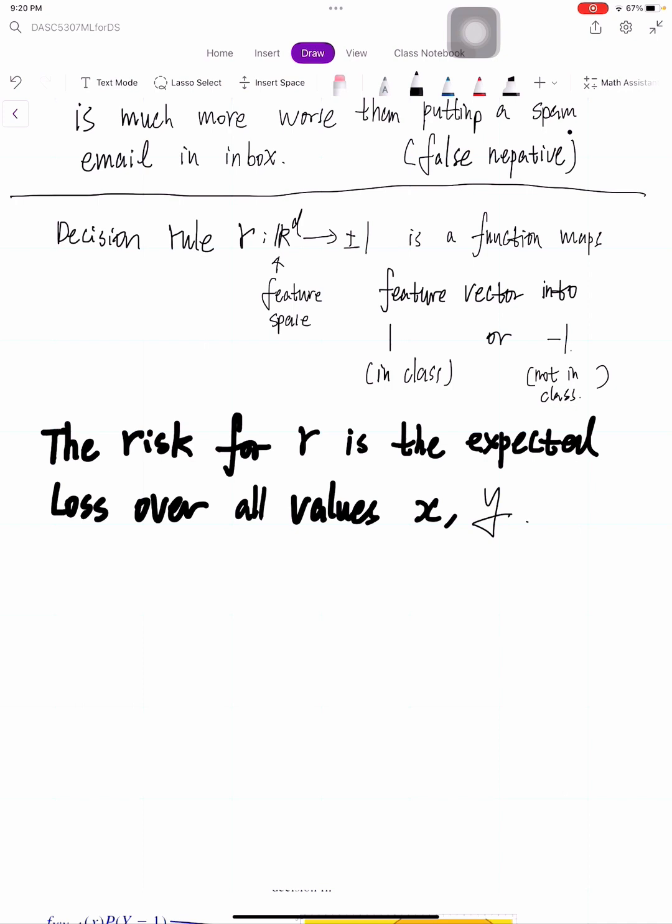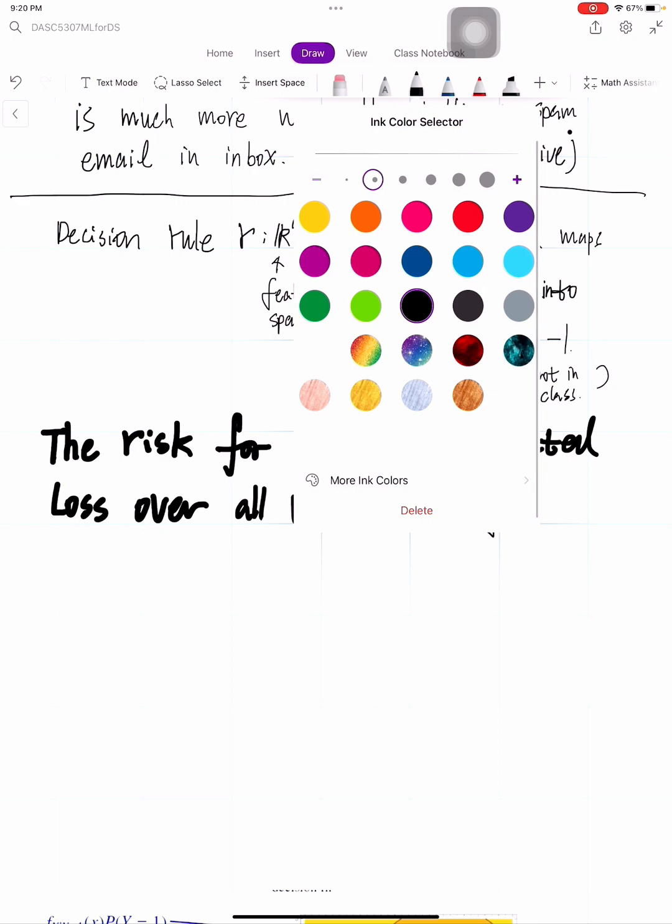So x is a vector, and the label is just a scalar, 1 or negative 1.